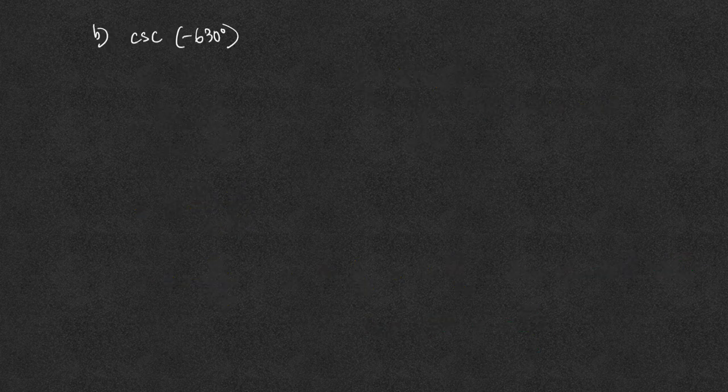For cosecant of negative 630 degrees, we would write this as 1 over sine of negative 630 degrees. Negative 630 degrees is less than negative 360 degrees.